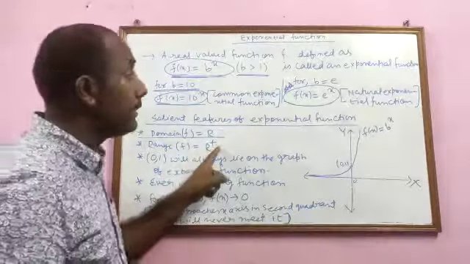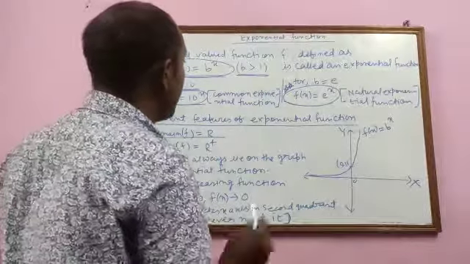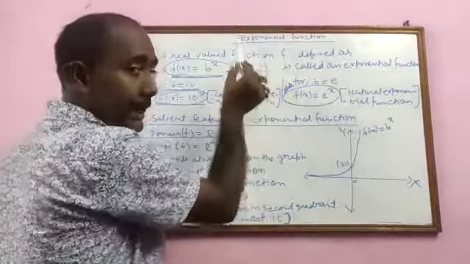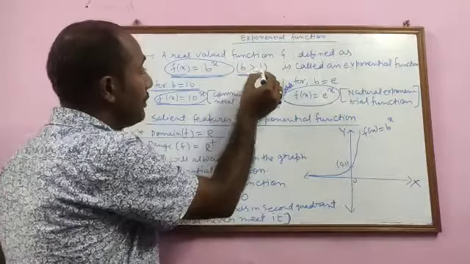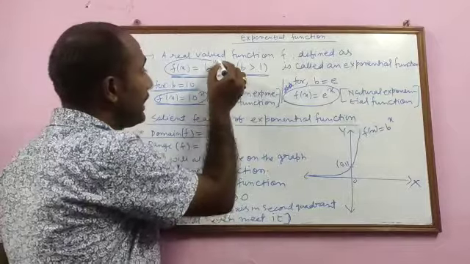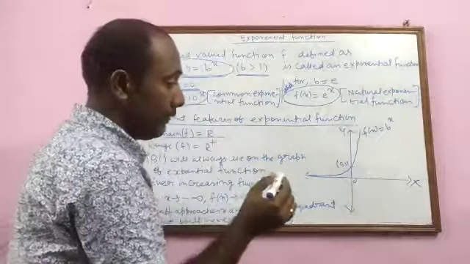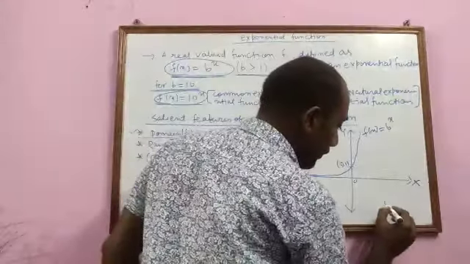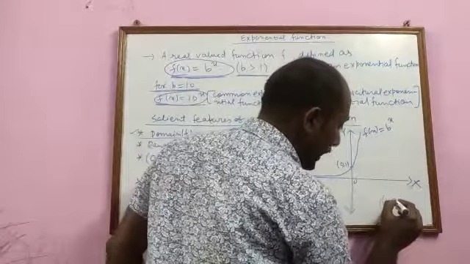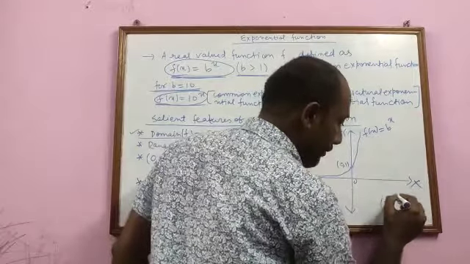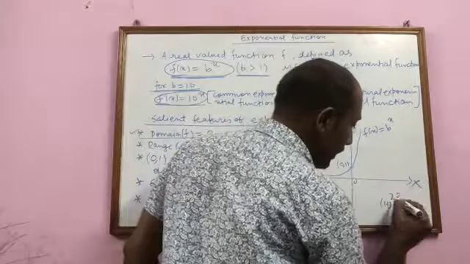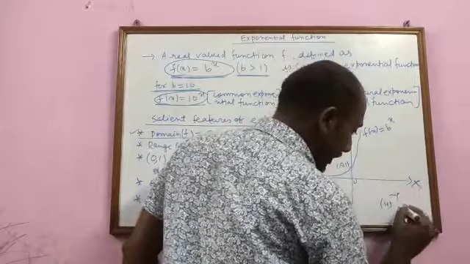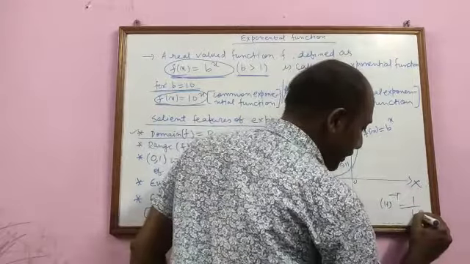Why do we say positive real numbers? Now this will become very clear to you from this part. Here I am focusing on the fact that the value of b should be greater than 1. Once the value of b is greater than 1, say for example 1.1 raised to any power, you take the power 1 or 2 or 3, or you may take a negative power, minus 1, that will stand for 1 by 1.1.